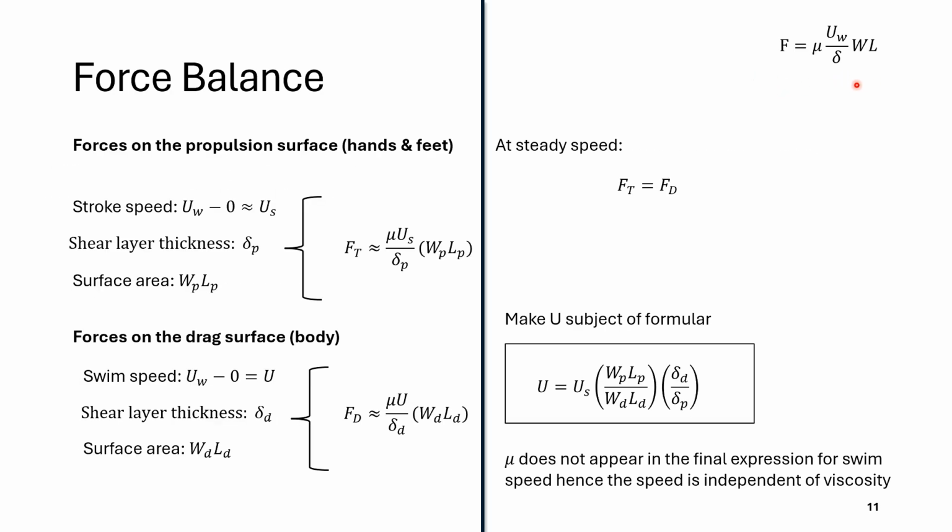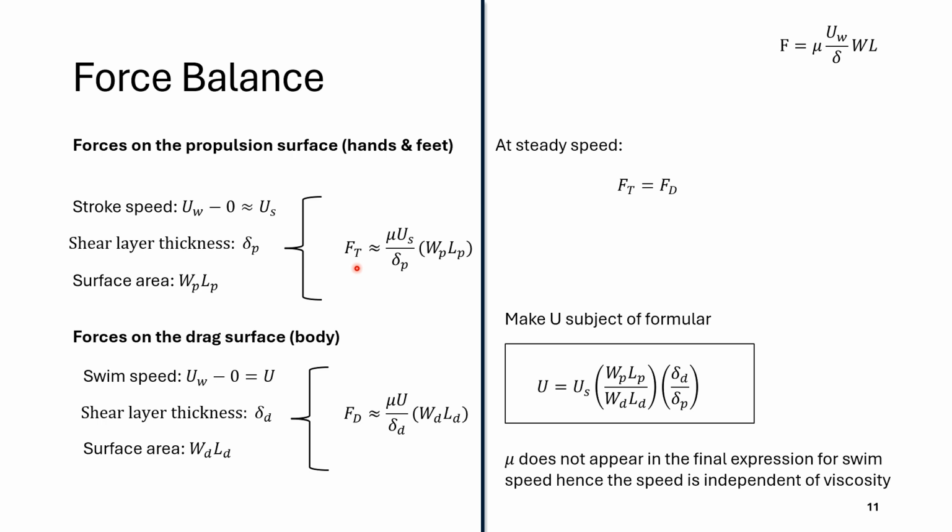Now that we know how to calculate the force being applied onto the fluid and by the person, let's put this into action. So we've got the force of propulsion. This is from the surface of the swimmer onto the fluid, and they're moving at this steady velocity. They've got a shear layer thickness delta and a surface area between the swimmer and the fluid that they're swimming through.